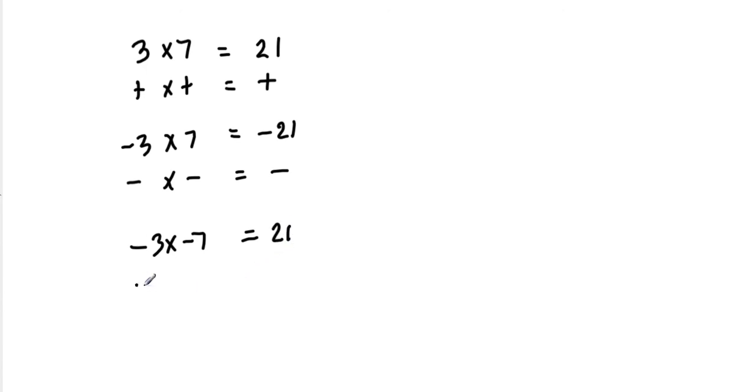So if you notice, a negative times a negative, and this one is a negative times a positive. So a negative times a negative will give you a positive. So those are the 3 possible scenarios. And this will hold true with division as well.